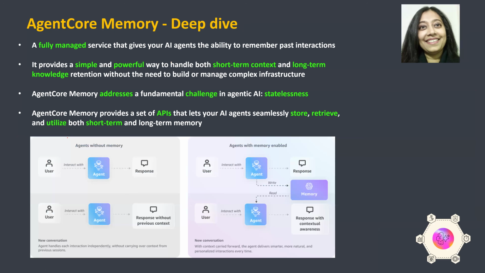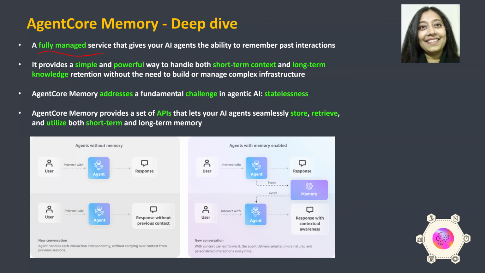So what is AgentCore memory? A quick reminder, Amazon Bedrock itself is a fully managed service. And by extension, AgentCore, which is part of Bedrock, is a fully managed service. And AgentCore memory, that is part of AgentCore, is also a fully managed service.